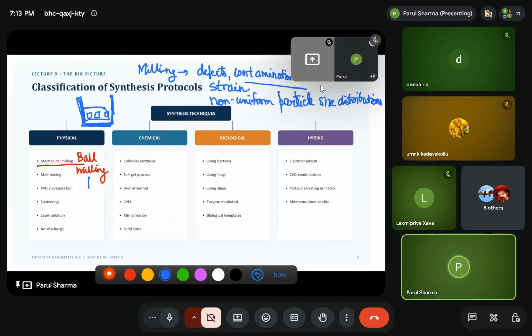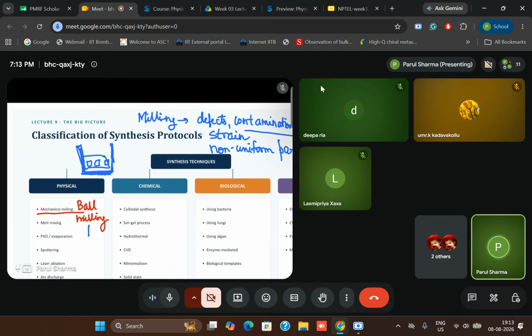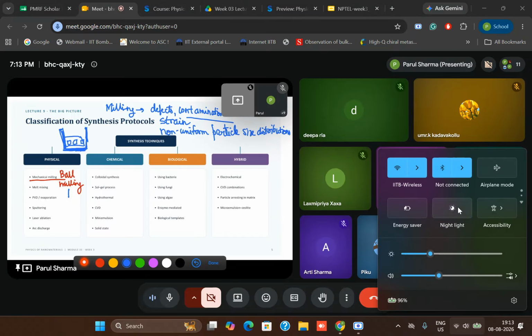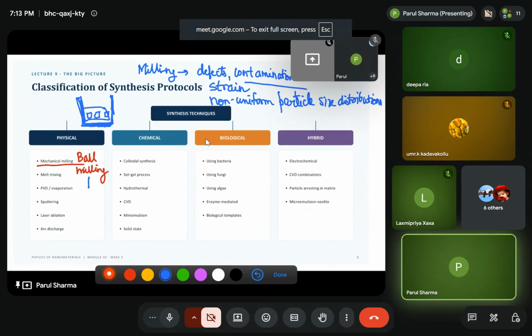Second, if there is a non-uniform particle size, the milling can be done in a liquid environment. We keep some slurry which does not react with our nanostructure element and the jar element, so that there can be a uniform distribution of the particle size.